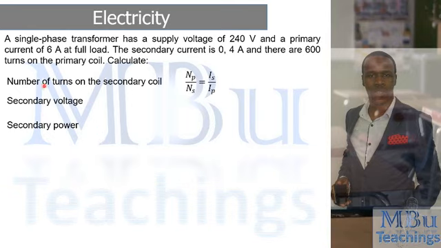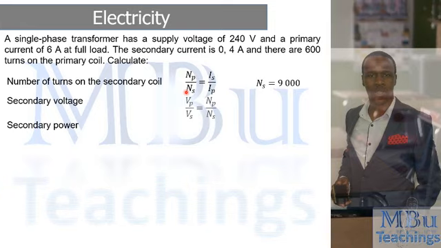Okay, for the first one, the number of turns, that is the formula we can use, because we have the currents. We have the number of turns of the primary coil, so we only need the number of turns for the secondary. Every other thing is there. So that's the answer. Then let's move to the second question.